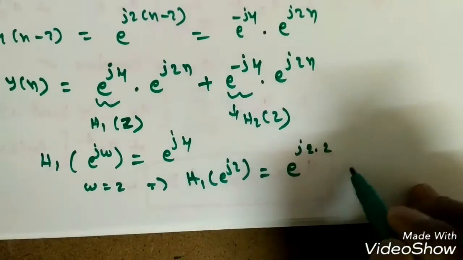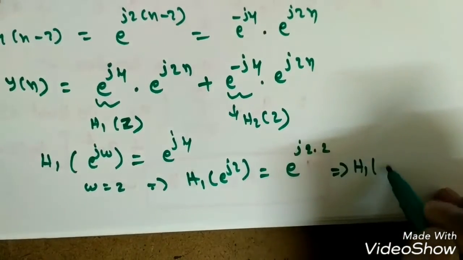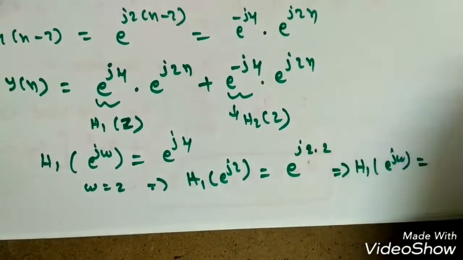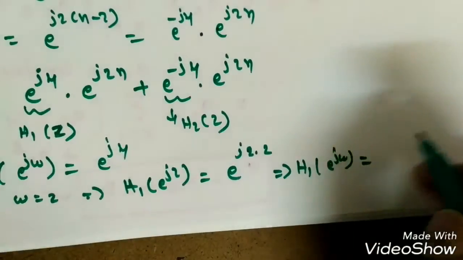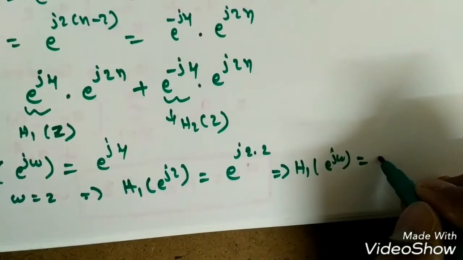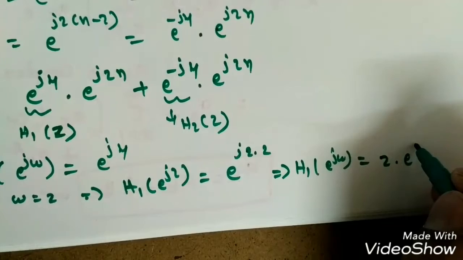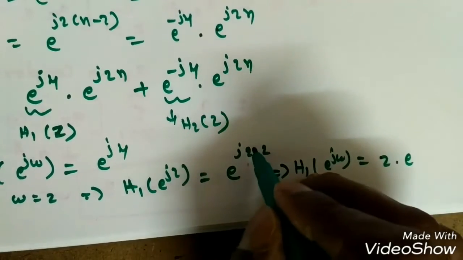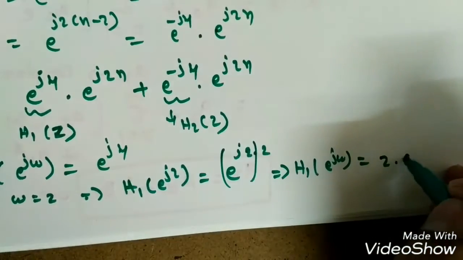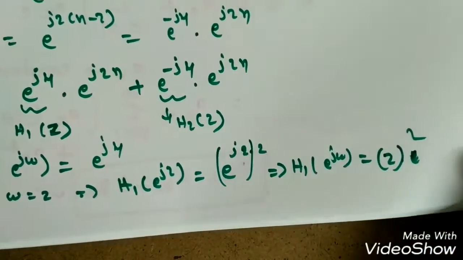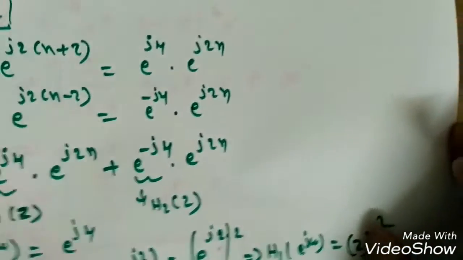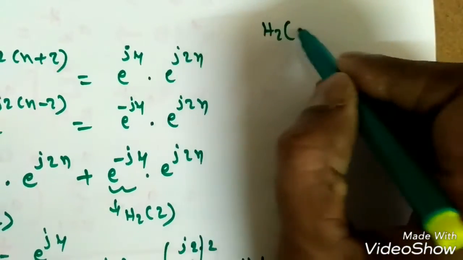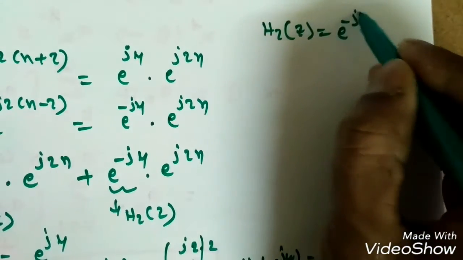Now it's very simple. Again, if I write h1 of e power j omega, this will become e power j omega into 2, or simply z square, right? Similarly, h2 of z is equal to e power minus j4.